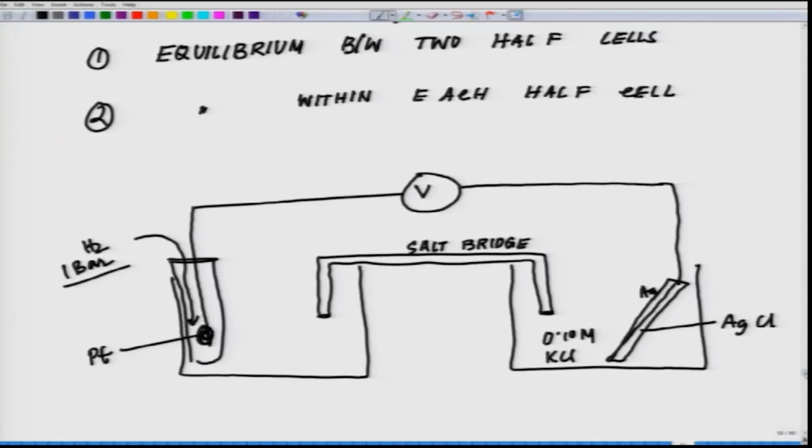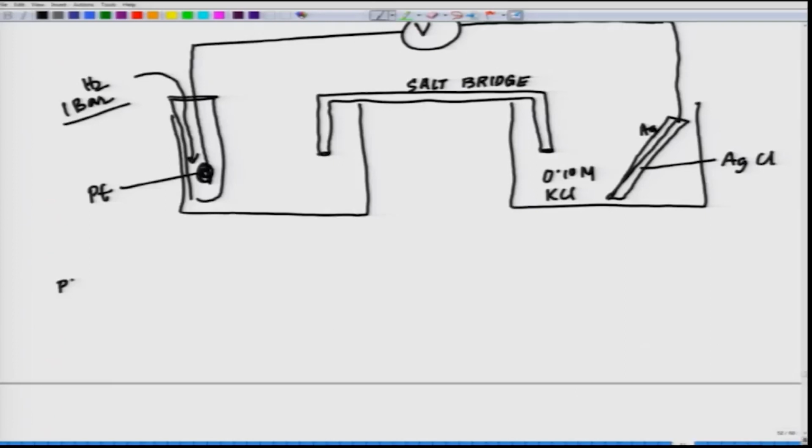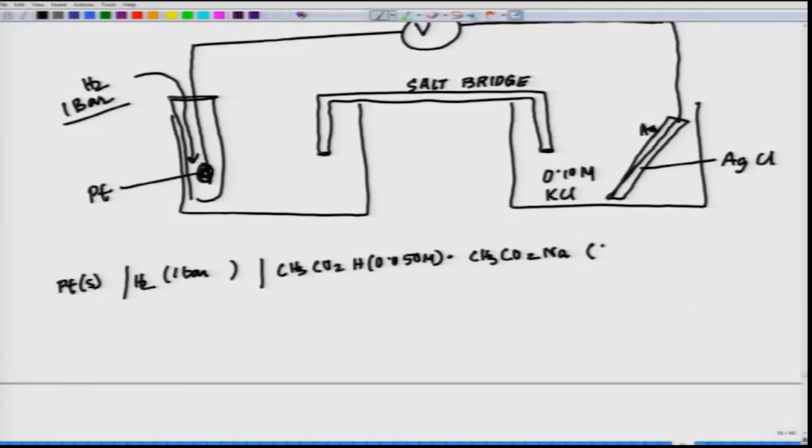So, if I put the cell reaction, this is platinum solid, hydrogen at 1 bar, and this is balancing with CH3CO2H 0.050 mole multiplied by CH3CO2Na with 0.005 mole, which is essentially a buffer.